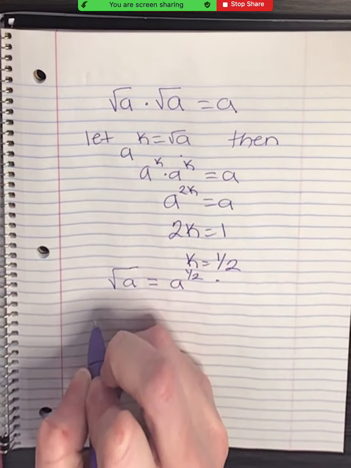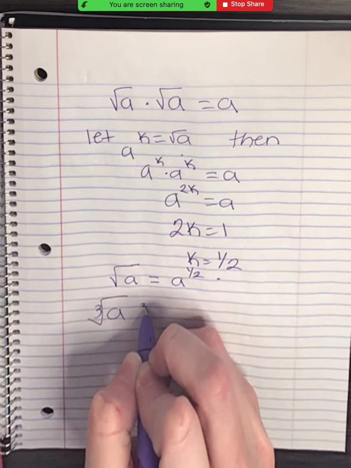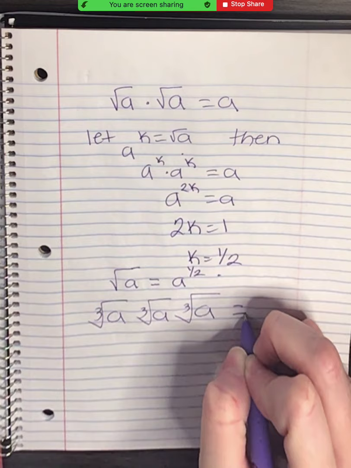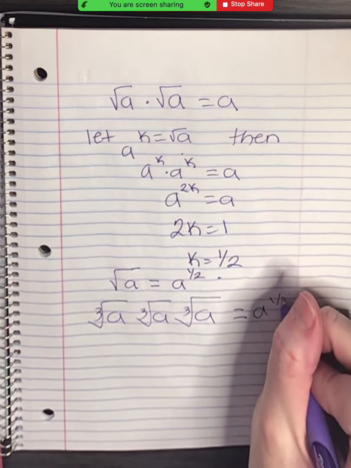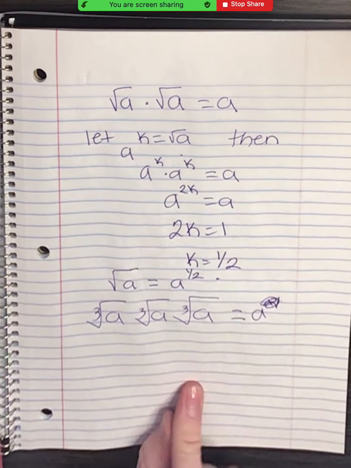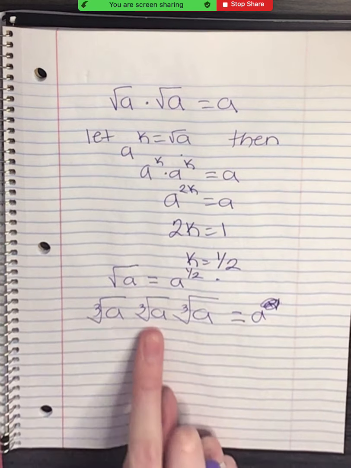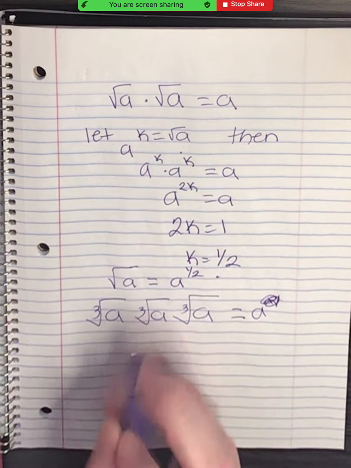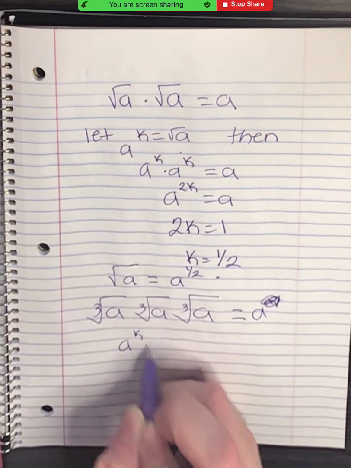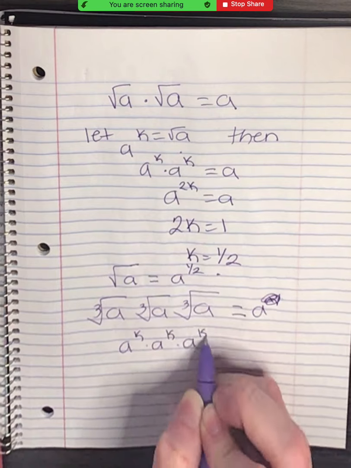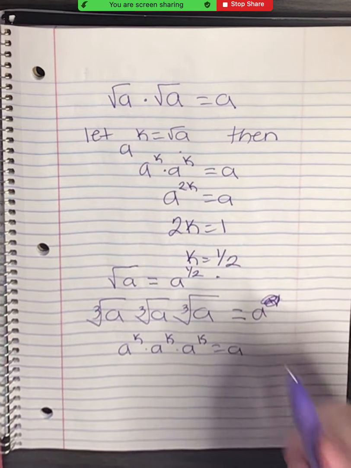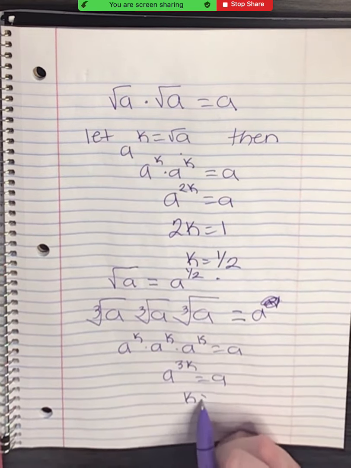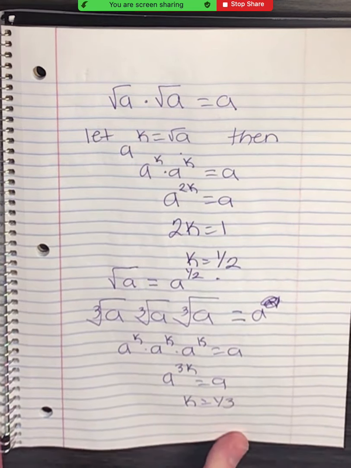Similarly, if I do the cube root of a times the cube root of a times the cube root of a, we would get a to the 1. Cube root of a times cube root of a times cube root of a gives a by the definition. Same idea here, and then I say a to the k times a to the k times a to the k. So a to the 3k is a. So k is 1/3, right?